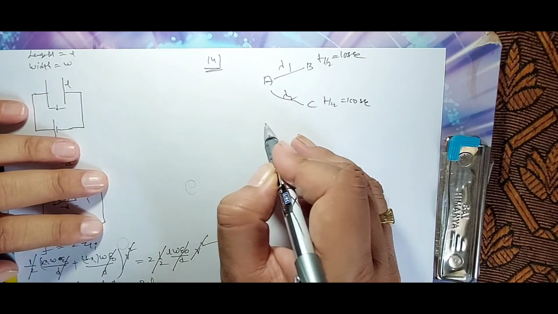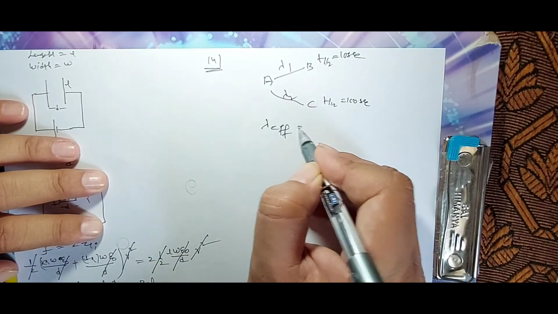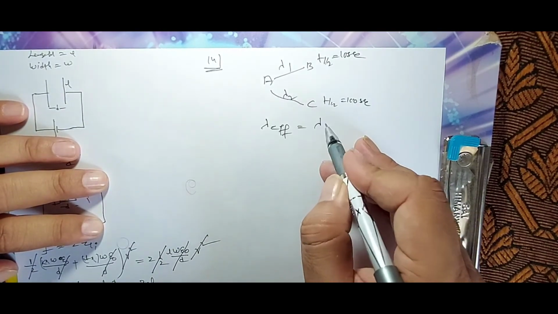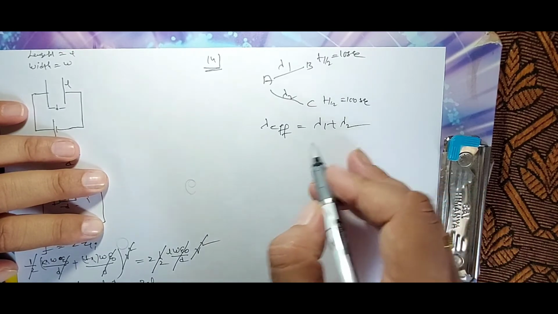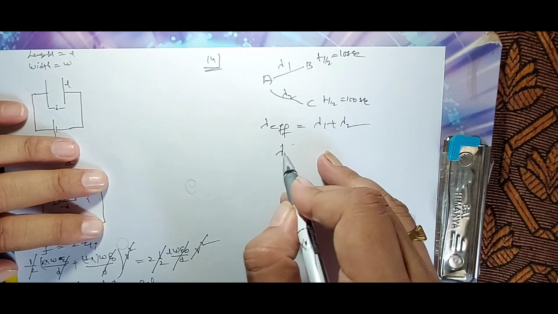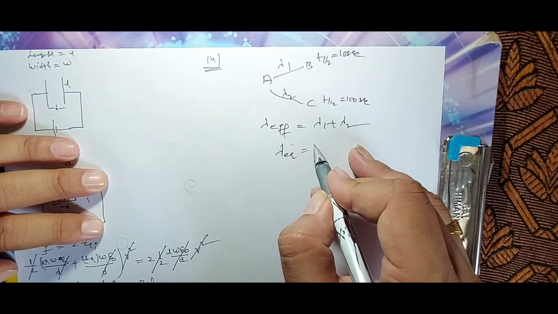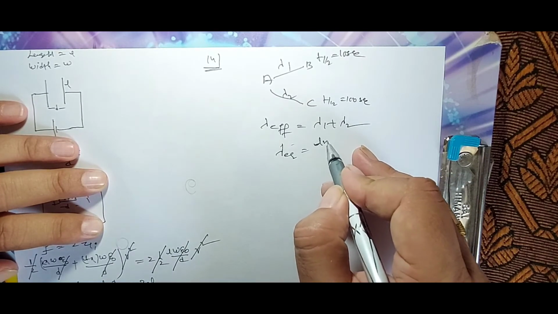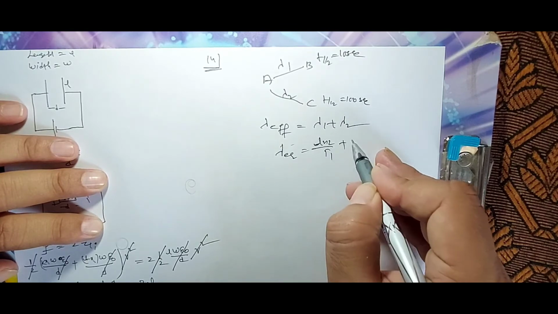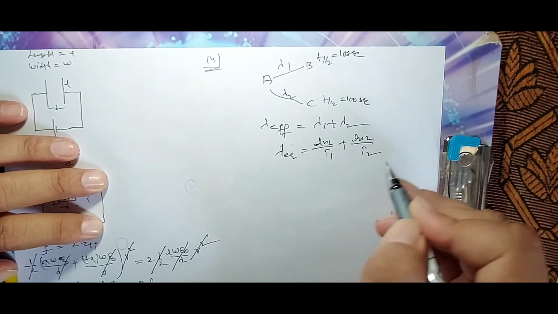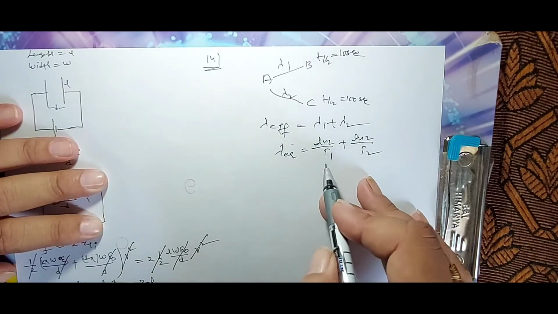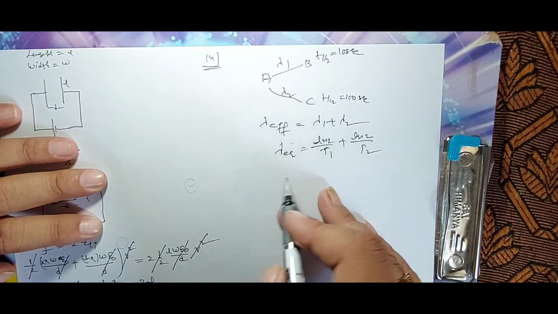Now, lambda effective is equal to lambda 1 plus lambda 2. So, here we know that lambda is equal to ln 2 by T1 plus ln 2 by T2, where T1 means half-life.